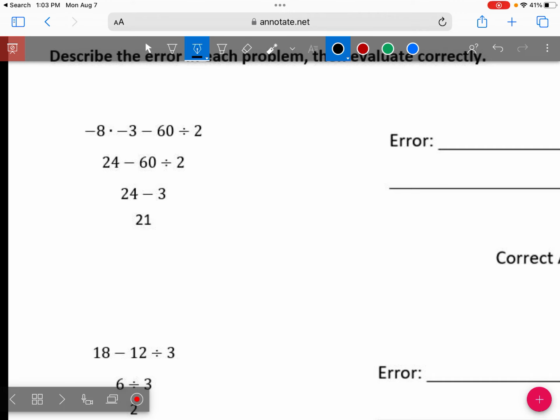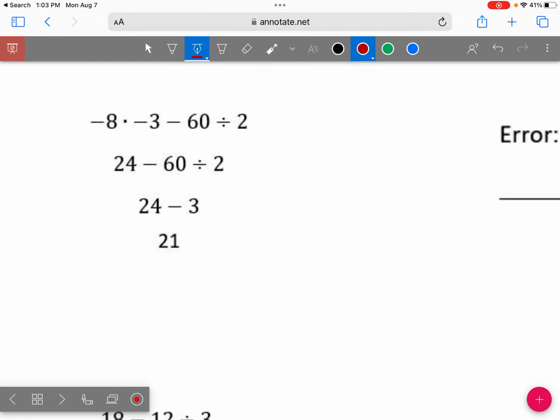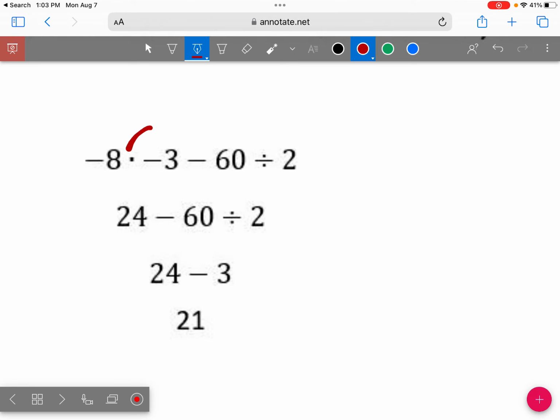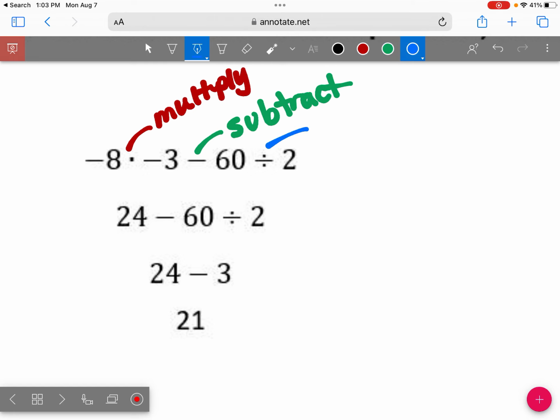So they have multiplication. You said they did not divide? I agree. So what should they have gotten? 30. So these are the 3 operations that they have: multiplication, subtraction, and division.